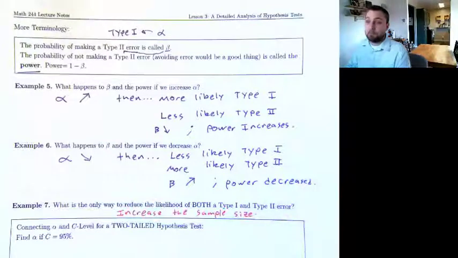So if I want to be more sure of my results overall, regardless of if I'm doing a hypothesis test or a confidence interval, the more people I ask, the more evidence I have, the more likely I am to make the right conclusion. Flip a coin once, hard to tell if that thing's fair or not fair. You flip it 1 billion times, you probably have a lot of evidence at that point.